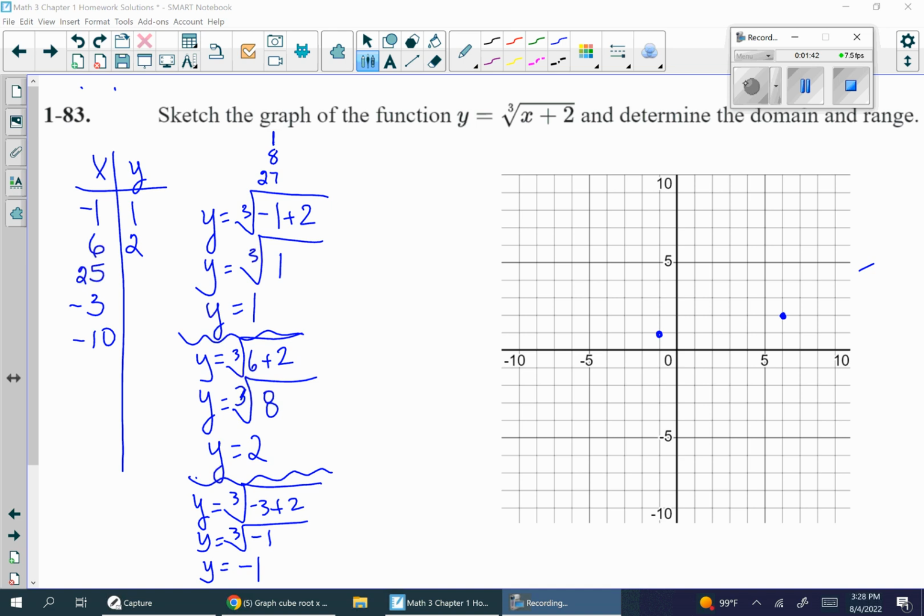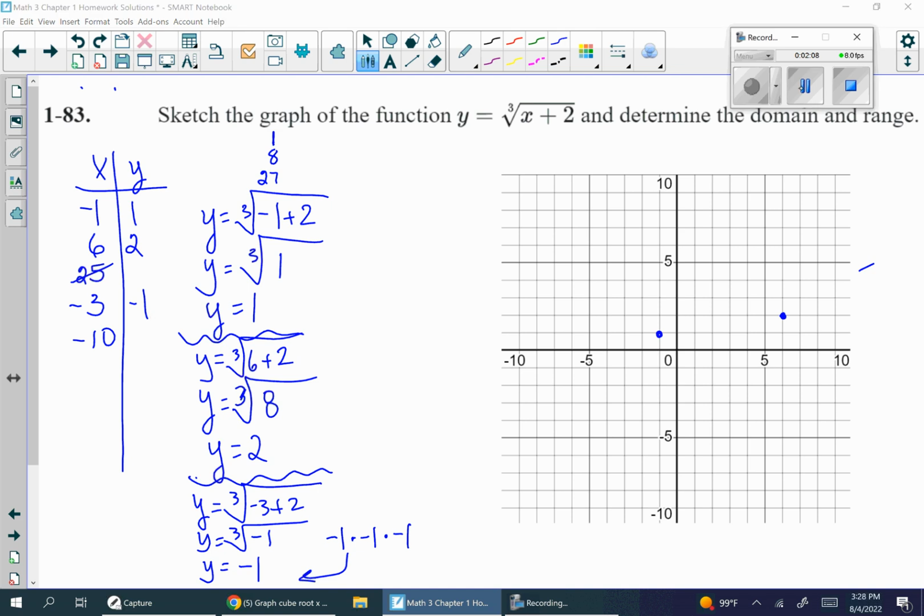I'm actually going to skip 25 because that's kind of beyond the graph that I have available here. So I'm choosing -3. -3 plus 2 is -1. And normally we wouldn't like a negative under here if this was a square root. But cube roots are different because -1 times -1 times -1 is -1. So we actually get an output here of -1, the cube root.